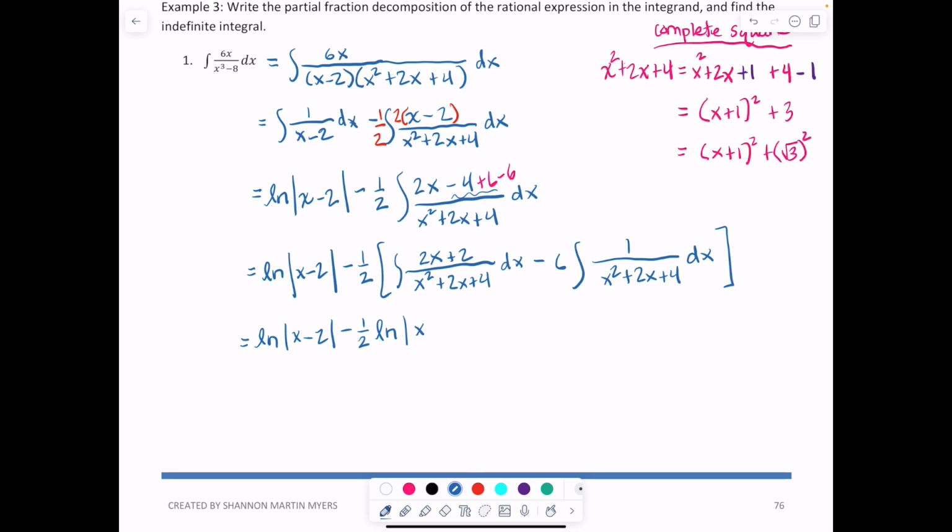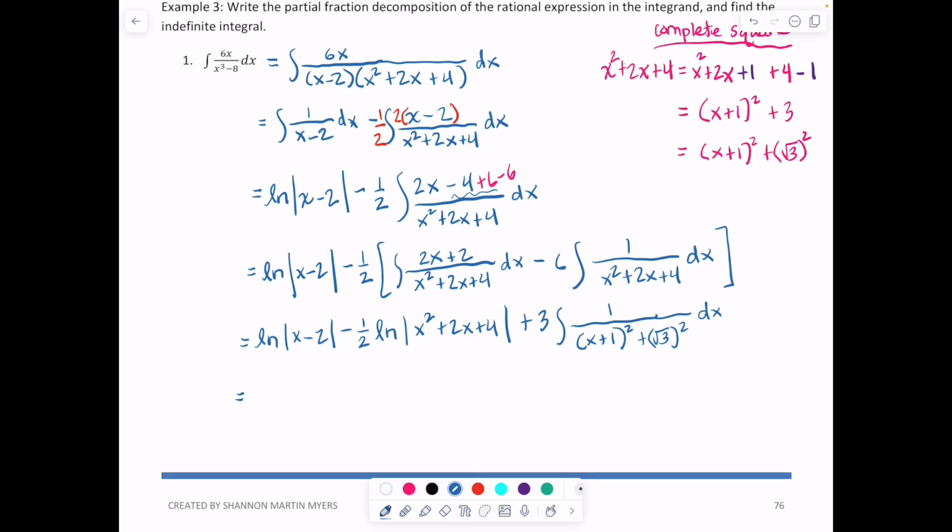So I have natural log absolute x squared plus 2x plus 4, and then bringing that negative 1/2 to the 6, I'll have a positive 3, and this will be the integral of 1 over x plus 1, the quantity squared, plus root 3 squared, and then that's with respect to x.